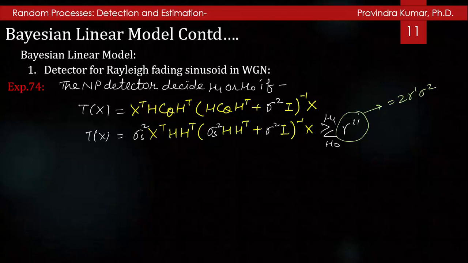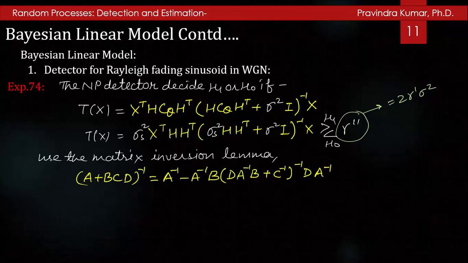Using the matrix inversion lemma, the inverse of the matrix A plus B C D is equal to the inverse of A minus the inverse of A times B times the inverse of the matrix (A inverse B plus C inverse) times D times the inverse of A. Now here let A be equal to sigma square I, B equal to sigma s square H, C equal to I, and D equal to H transpose.